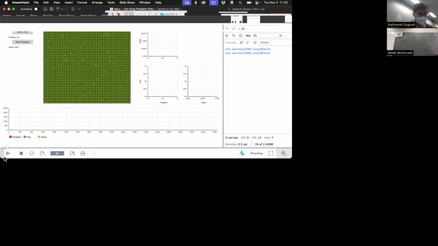Johnny? Yeah, so I think that initially the amount of grass and the prey may be reducing while the predator will be increasing at the initial aspect of the model, until there's equilibrium where there is prey, grass, and predator in equilibrium.